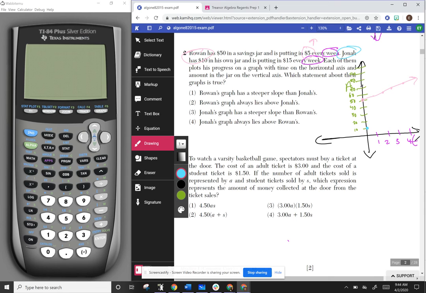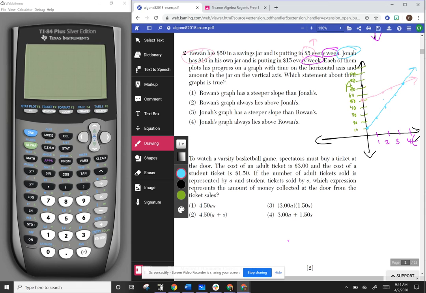But he's putting in 15 every week. So that's a considerable amount more. So 10 and 5, 5 and 10, 10 and 5, and then 5 and 10. So that shows you a visual representation.